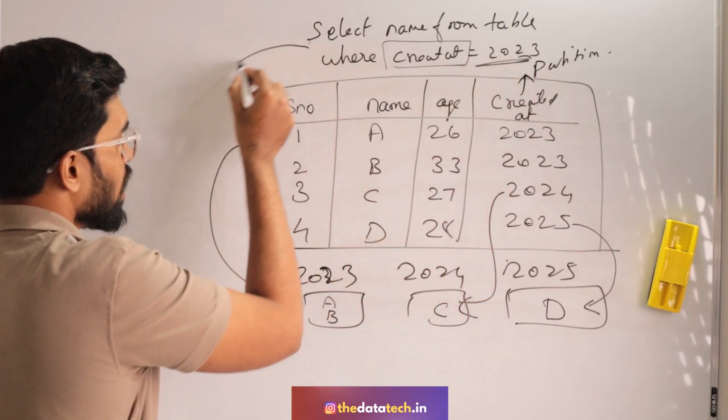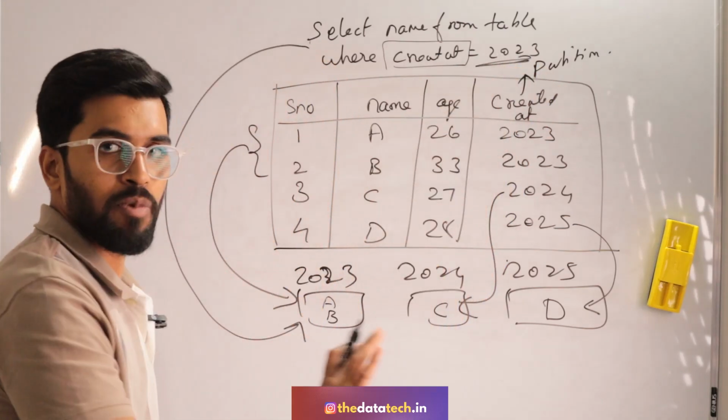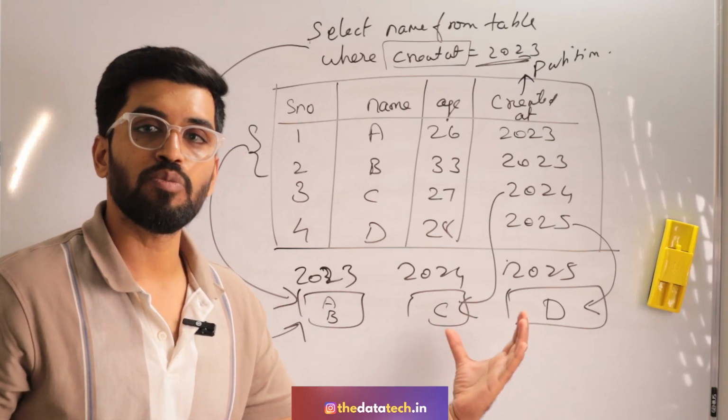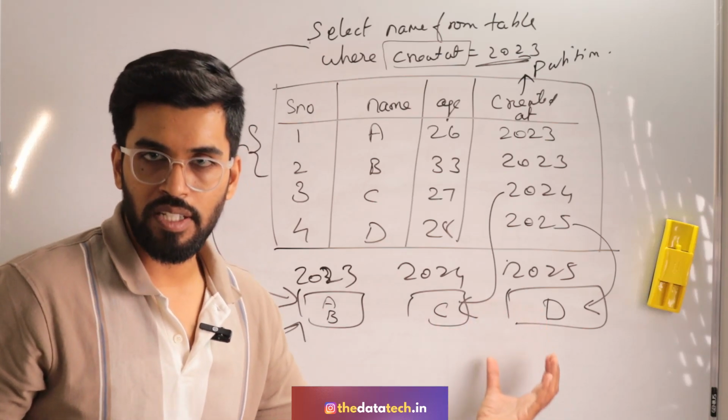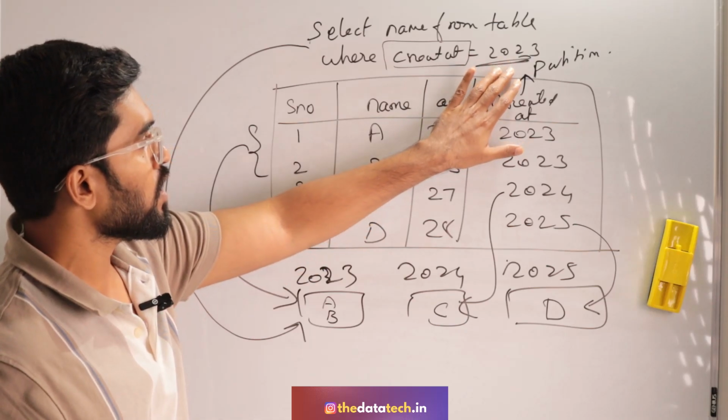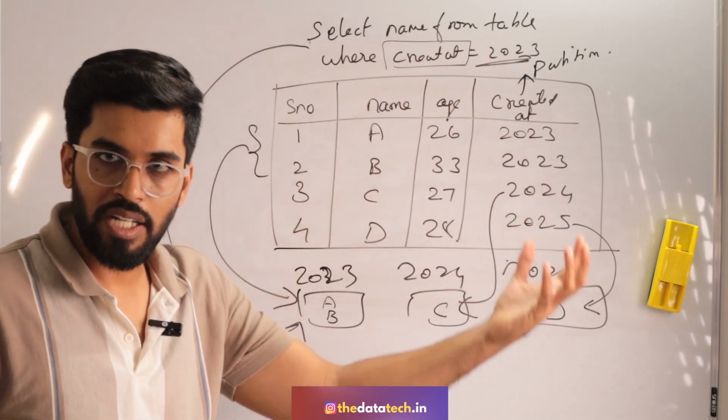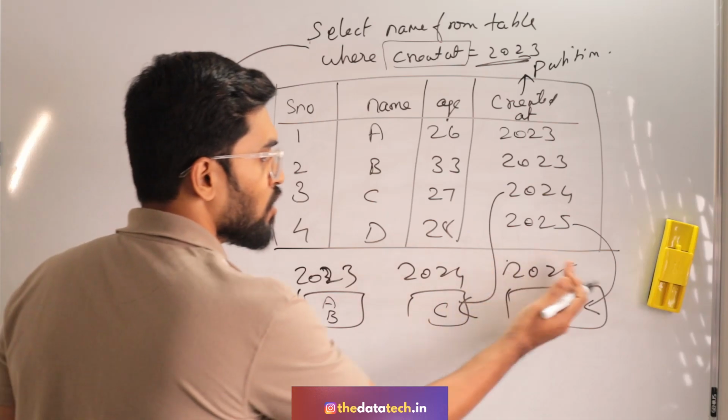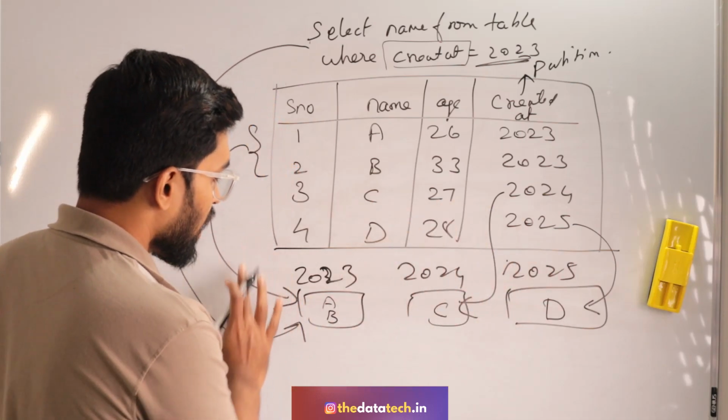My read query comes to this particular partition only, it won't scan the other two partitions. This avoids unnecessary reads because I have given 2023 and it knows created is a partition column, and the partitions were created based on created. So it directly comes here.